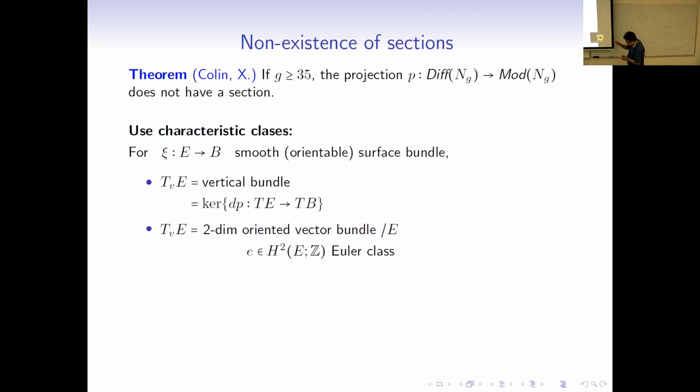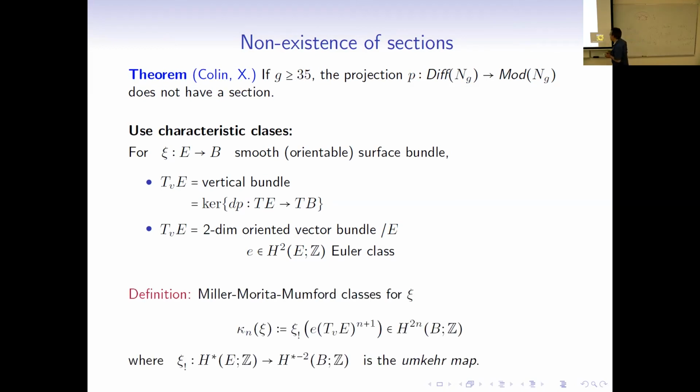If you have a smooth orientable surface bundle, then you can always take the vertical bundle, that's a vector bundle of dimension 2.